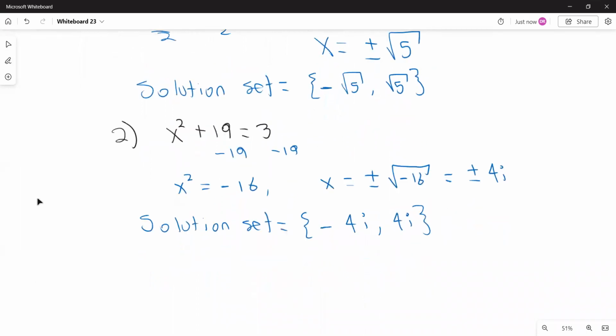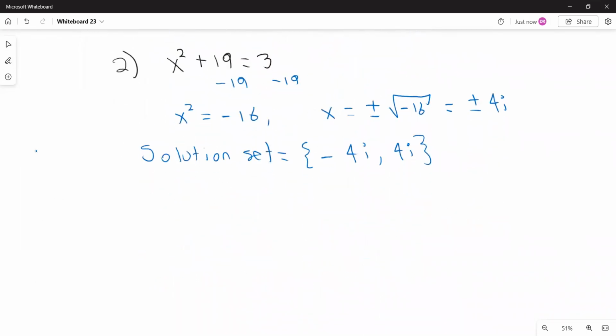Number 3. Solve the quadratic equation, x plus 2 squared equals 8.